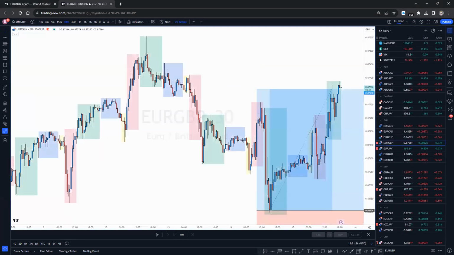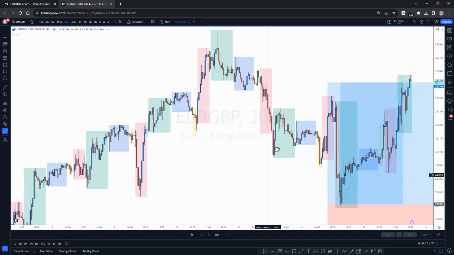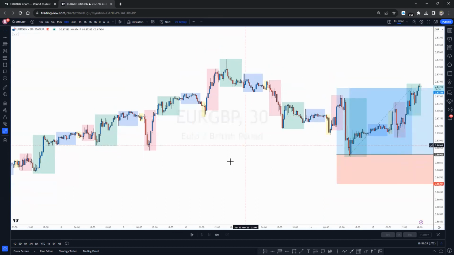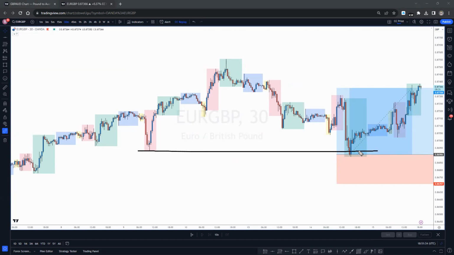I probably should have stayed clear of the US trades. But this one here, there's the same idea, looking for it to sweep this low and then recover. And the euro was stronger than the pound. So this one just swept it, picked up the trade, and it took all day today to actually hit take profit.